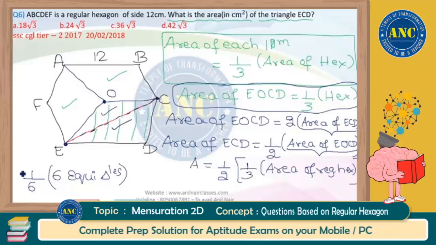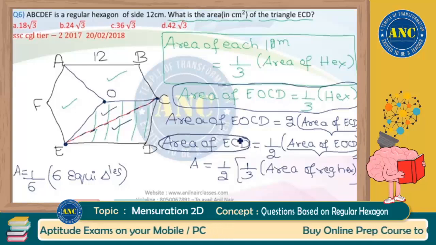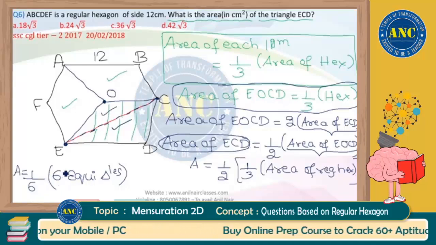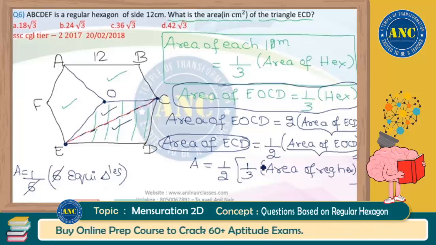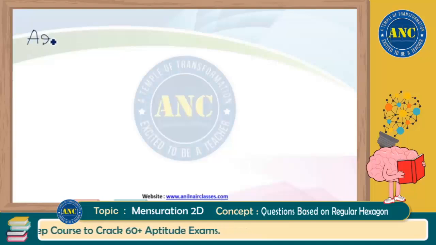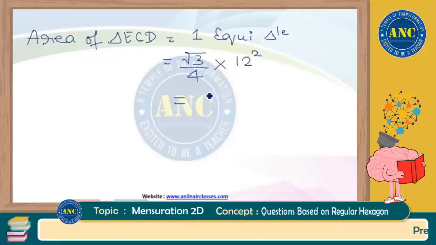So the area of triangle ECD is 1/6 into 6 times the equilateral triangle. 6 will cancel, and the area of triangle ECD is the area of one equilateral triangle. The area of an equilateral triangle is √3/4 into side squared. Side is 12, so 144/4 is 36. Answer is 36√3.